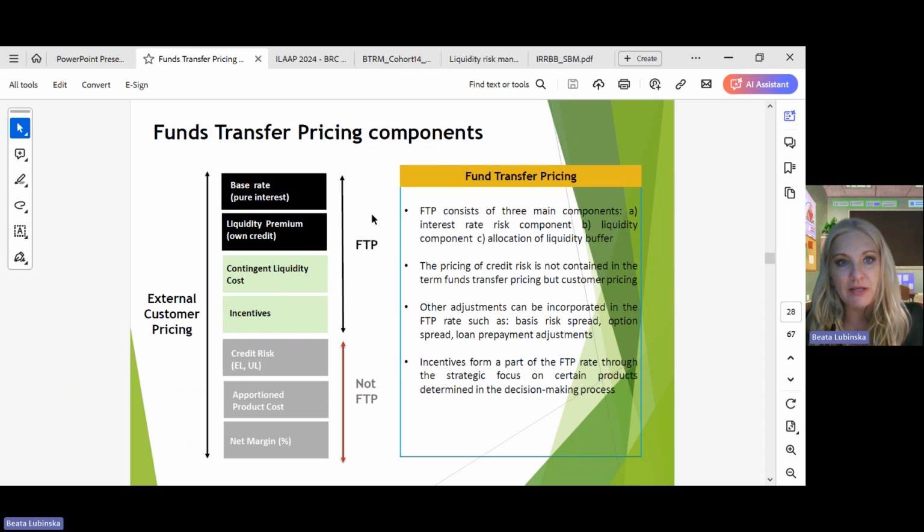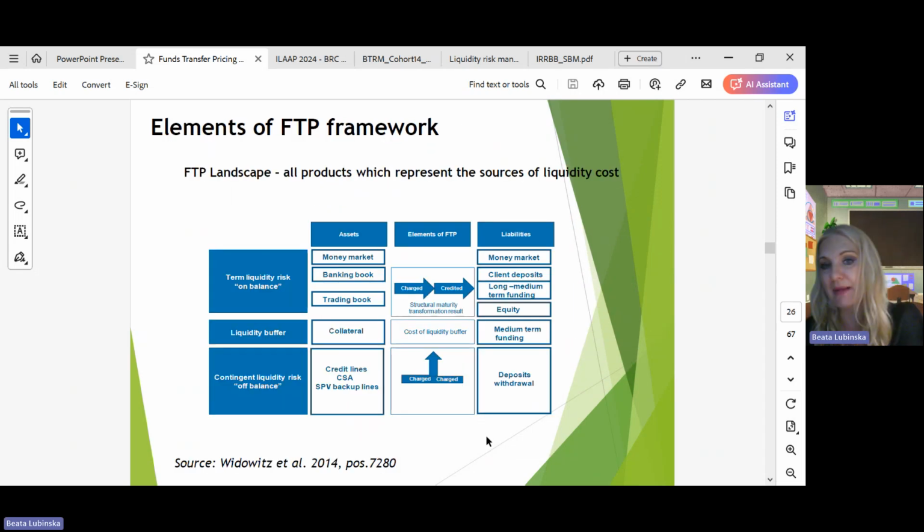And prepayment, OLAB, there are some products driving those additional costs, and they have to be allocated based on those additional costs. Plus, on the top, we will be speaking about this in a minute, we have something which is not considered FTP.